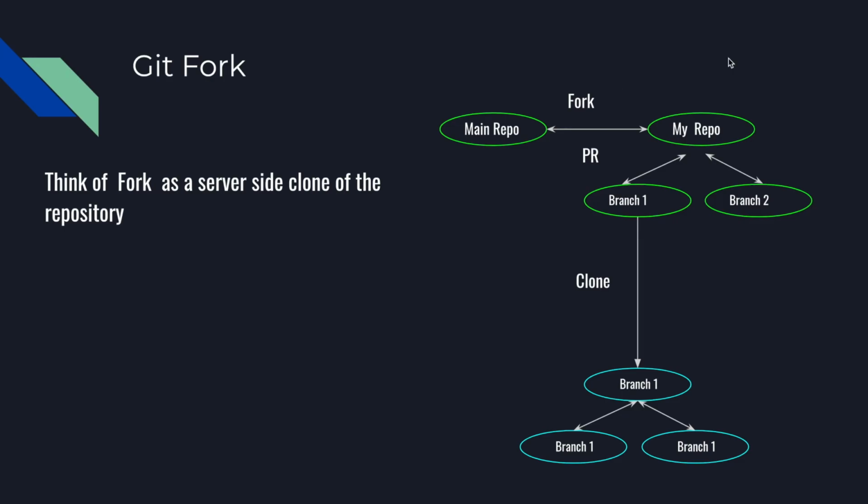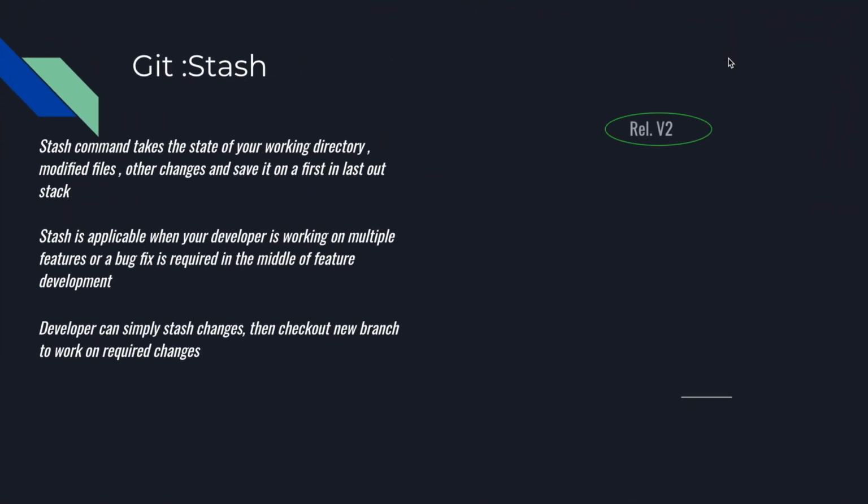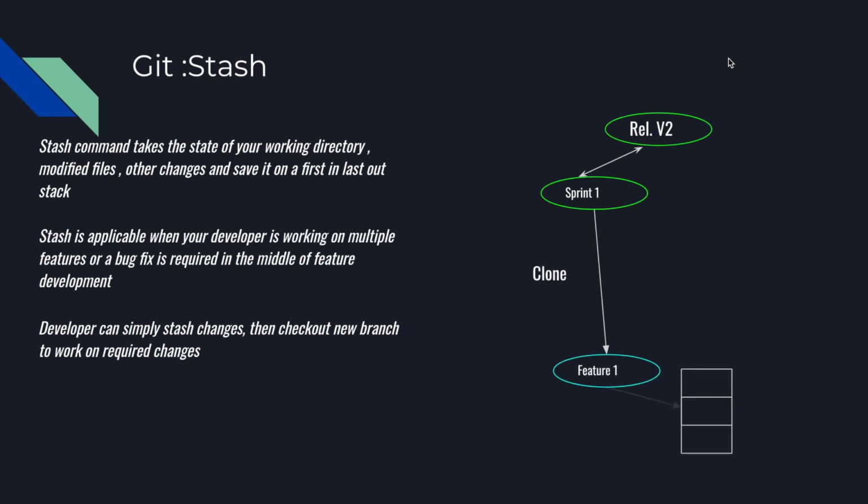Next, we look at git stash. Git stash is commonly used by the developers before a checkout command, especially when checking out a new branch while the developer is in the middle of another feature or changes, but not yet ready to commit or push the code.